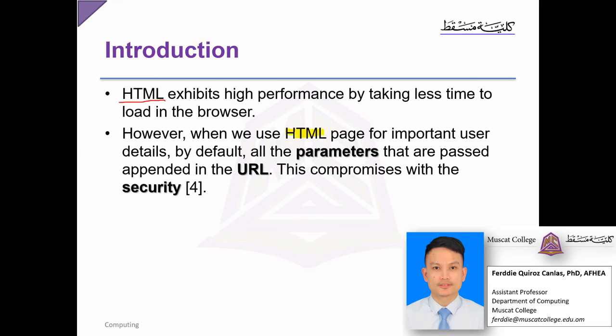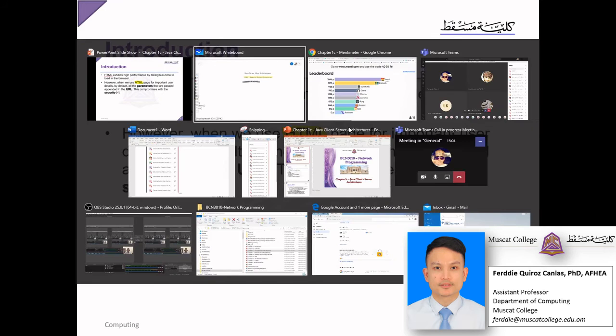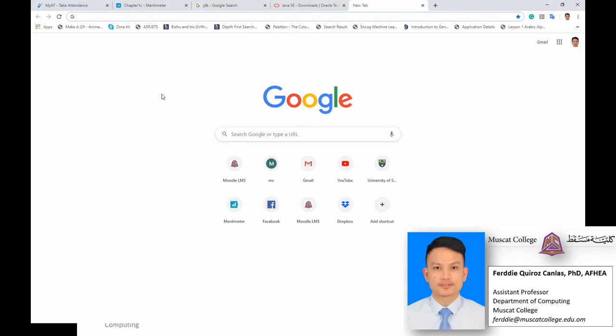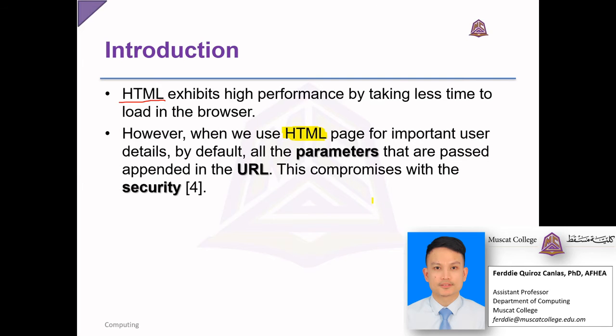So we write the code in Java, compile it, and we run it in the HTML page. So usually you will see servlets and applets embedded in web pages like this. But RMI applications are not embedded in HTML pages. They are actually standalone applications. You write them, compile them, and deploy them on the server. You don't need HTML to run them.